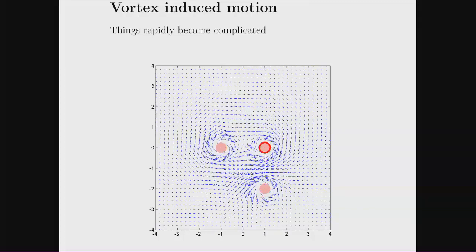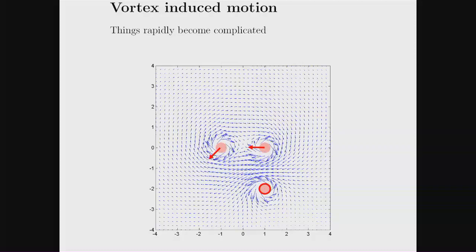All right, and this other vortex here, which is rotating clockwise as well, would induce motion to the other two vortices. Okay, and finally, the third vortex, which is rotating anti-clockwise, would also induce some motion to the other two point vortices, right?